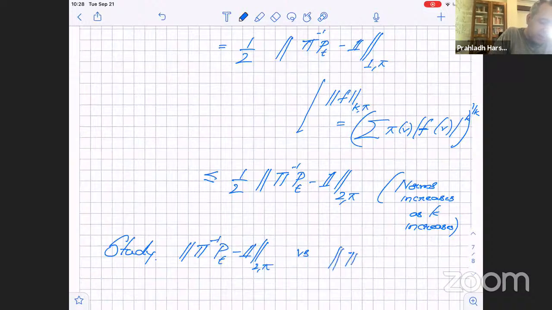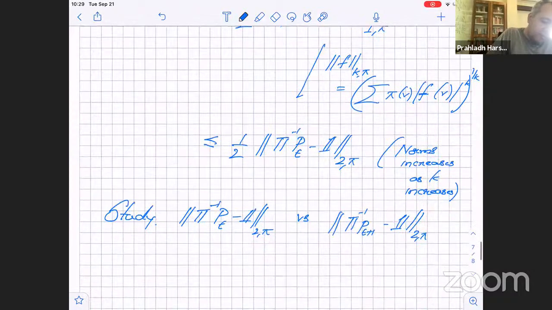What happens when you take a step? It's p_{t+1} minus 1, where p_{t+1} is M transpose p_t. And this is what we'll try to study.